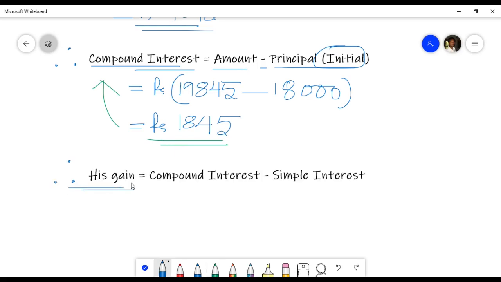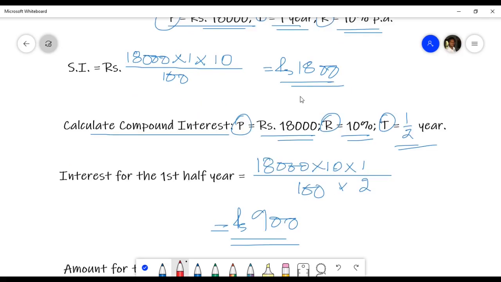So therefore, how much will Ravi gain at the end of 1 year? Now to find profit or gain, the formula is compound interest minus simple interest. When we subtract these two values, we'll get the answer of how much Ravi has gained.